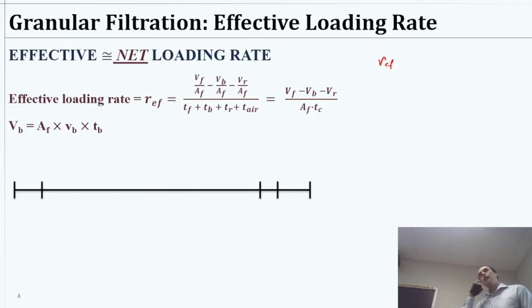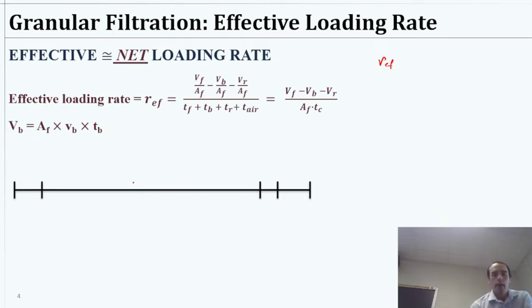So this is a rate that's kind of imaginary in the sense that it's never operating at this particular speed, but this is the speed that it's operating at if you averaged all that time where it wasn't operating and all the water we used and wasted essentially during the non-operating times.